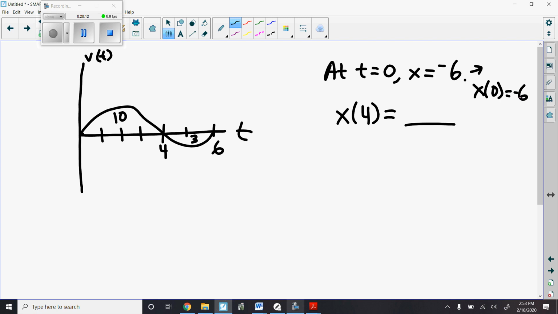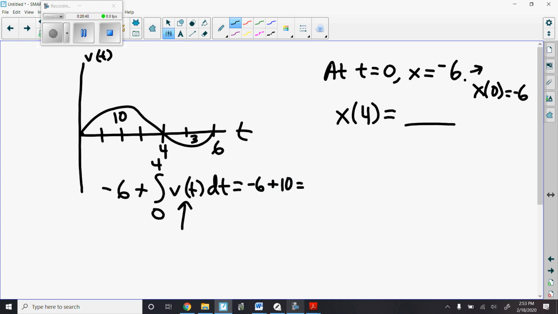To find x of 4, I would do my initial position plus the integral from the time I have to the time I want of v of t dt. Okay. I can solve this integral by the graph. They told me that the area from 0 to 4 is 10. So my answer would be -6 plus 10, which equals 4.